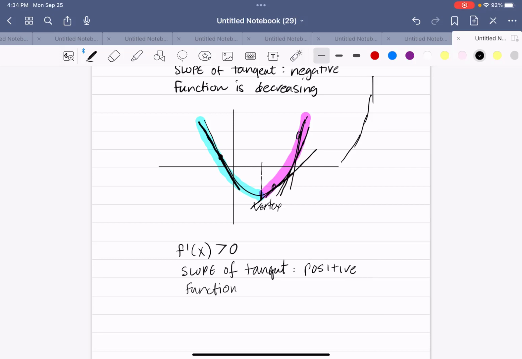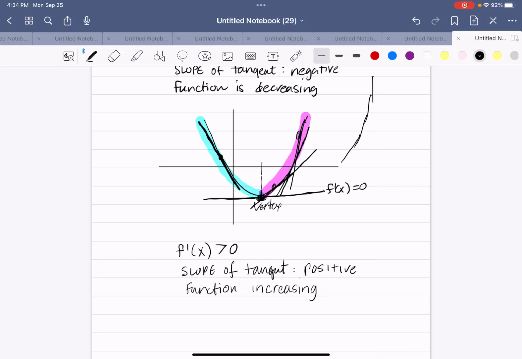Now that brings us to one other point that we'll do in the next section, but do notice here that at the vertex point, this tangent line is horizontal. This is where the slope is 0, so f prime of x is equal to 0.